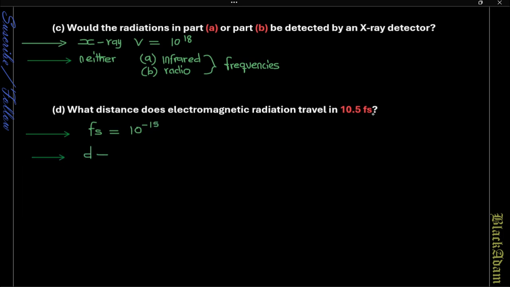Now we know that distance is speed multiplied by time, and our speed is the speed of light, c, multiplied by the time in femtoseconds.